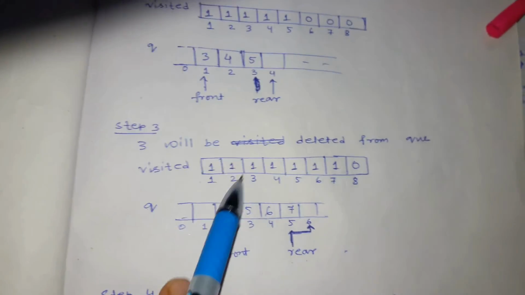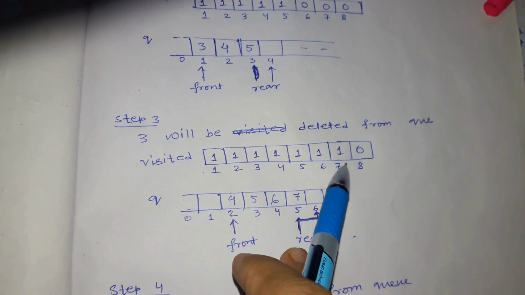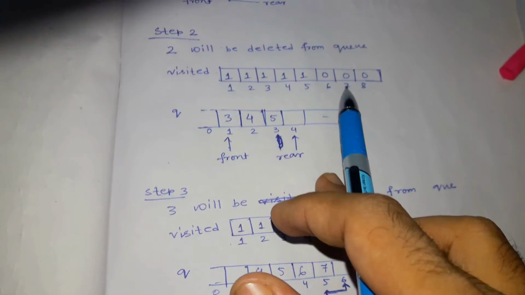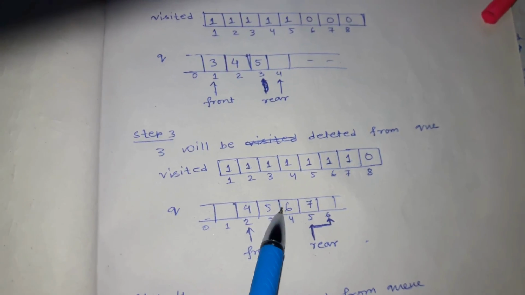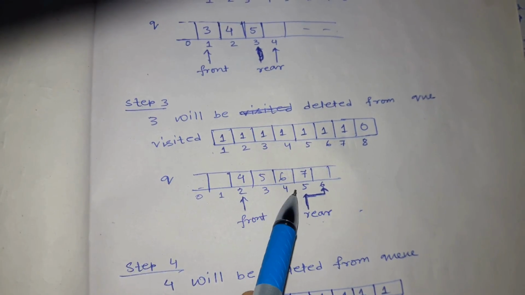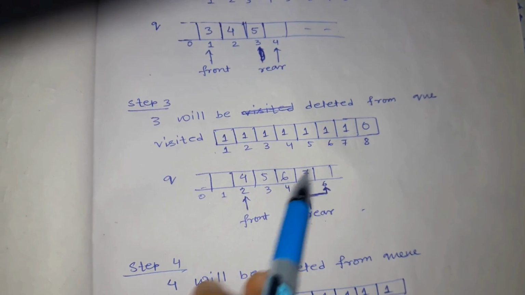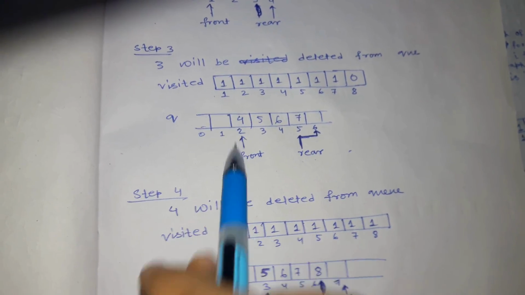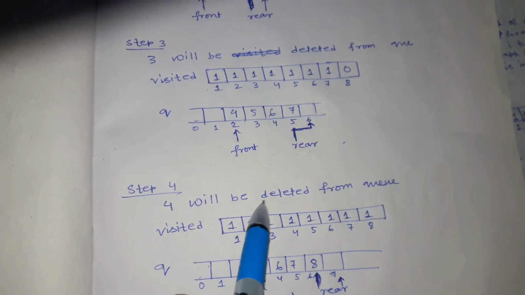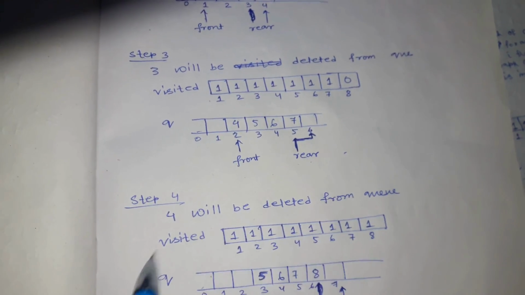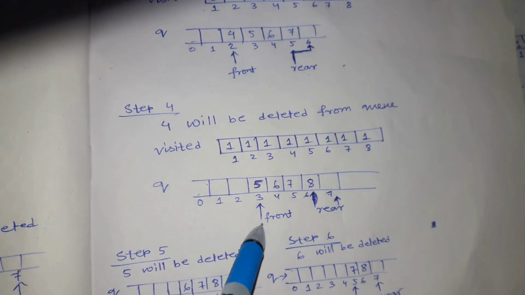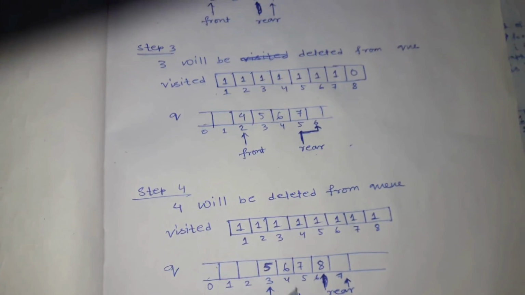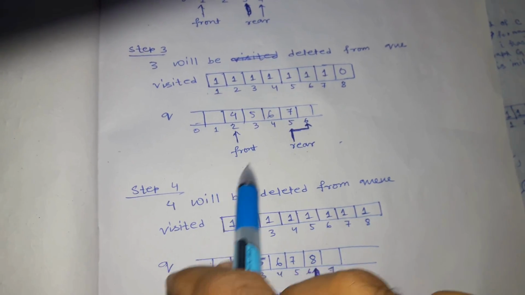So on step 3, 6 and 7 will be visited as they were unvisited on step 2, and 6 and 7 will be pushed into the queue, and the rear part has been updated, and the front has already been updated. Now for step 4, from the front part the item will be deleted, so 4 will be deleted from the queue, and the front part will be updated to index 3 as the front part was 2.